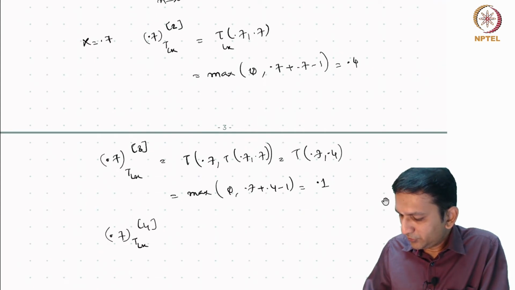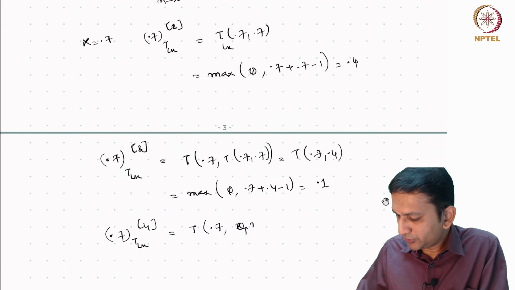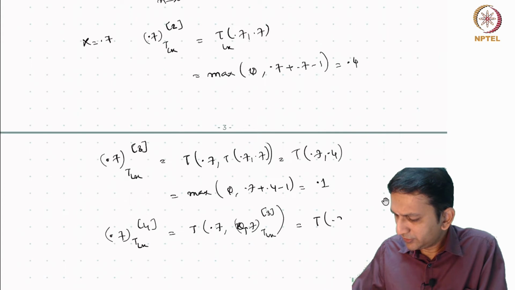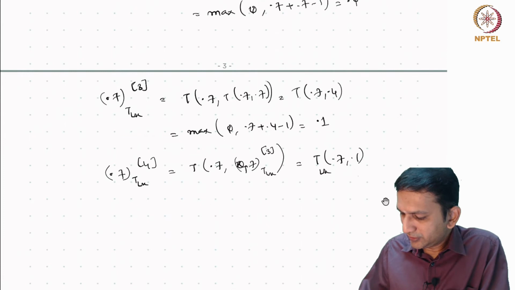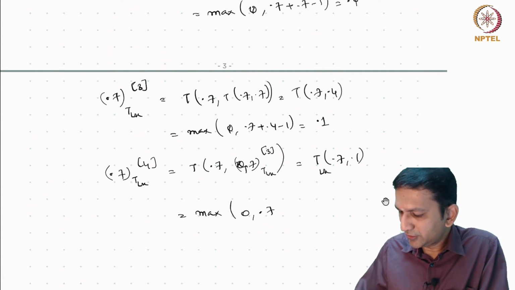Take 4, then it is T of 0.7 with T of 0.7 three times, which we know is 0.1, with respect to 0.7. Now you see here, maximum of 0, 0.7 plus 0.1 minus 1, this is 0.